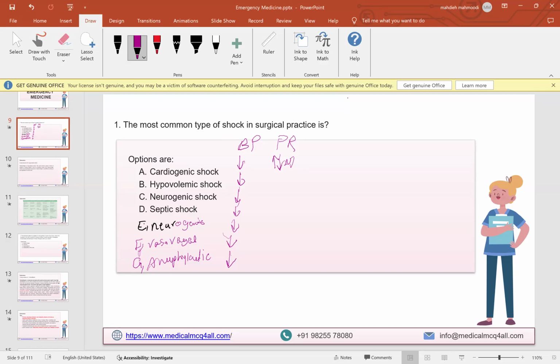Let's say your patient had an MI. Because of the MI, the patient went into heart failure. You check the heart rate, it is fine, but your patient is in heart failure. Or your patient has a ventricular tachycardia, patient is in shock. How's the pulse rate? Increased.